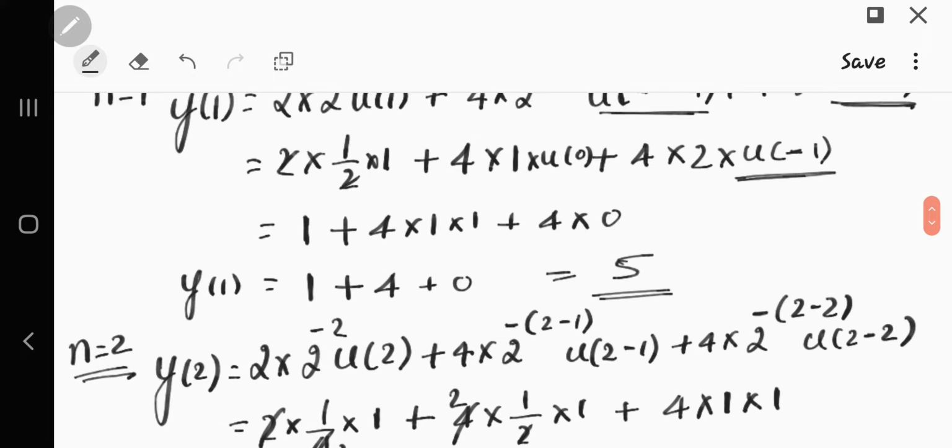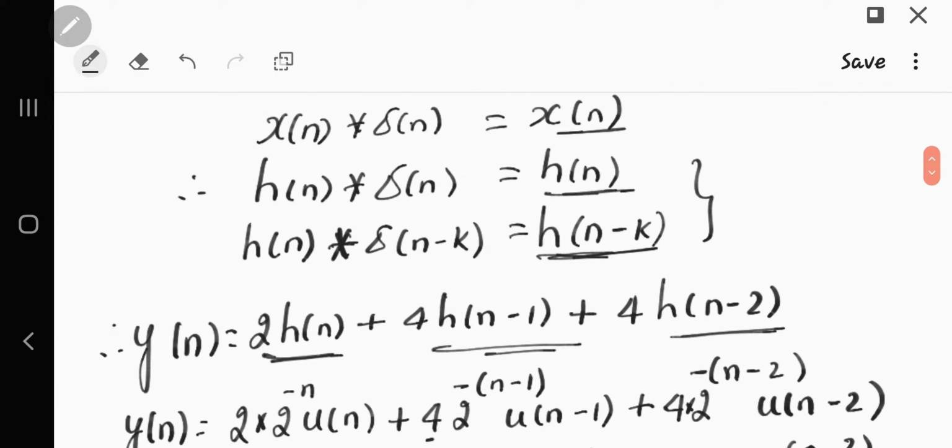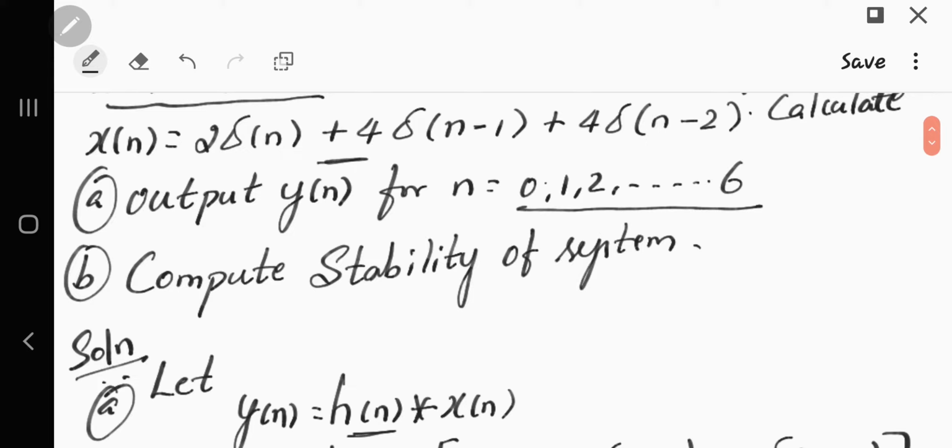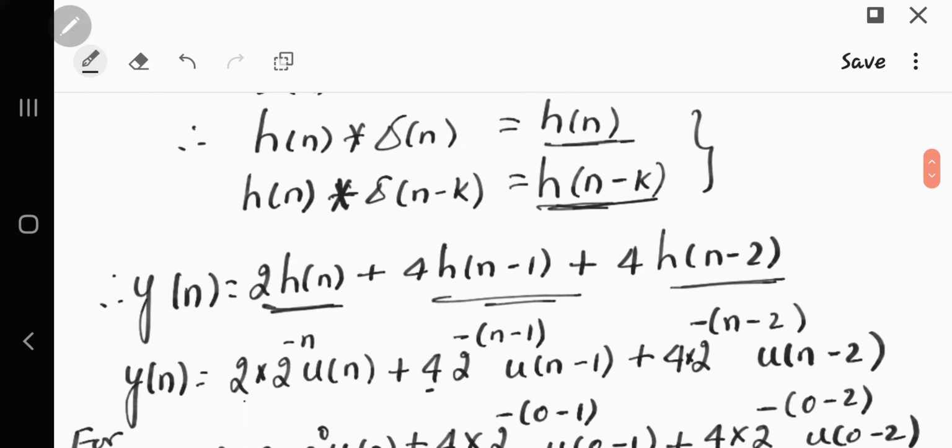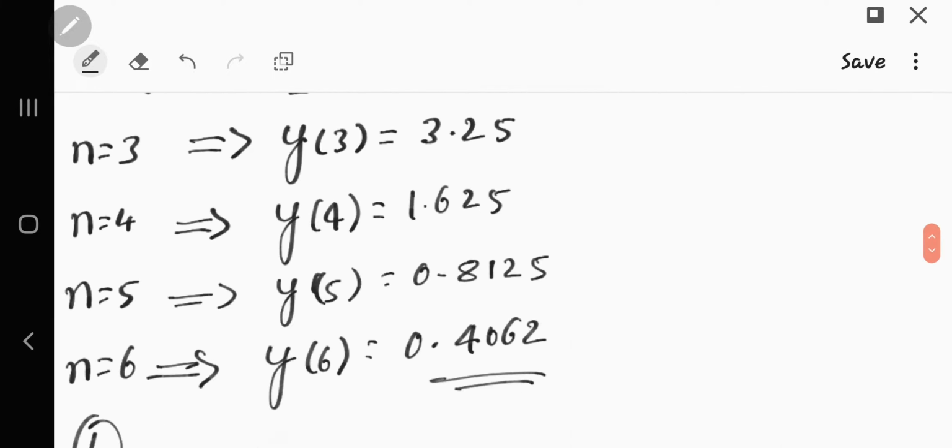So first part is over, to find the values of y of n for n varying from 0 to 6. Second one is compute the stability of the system. Now it is a discrete time LTI system.